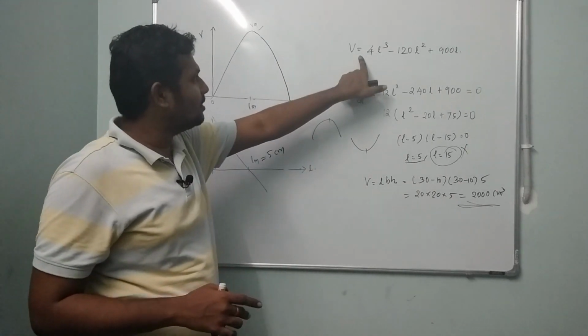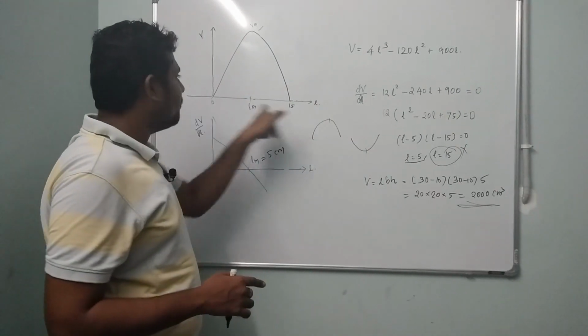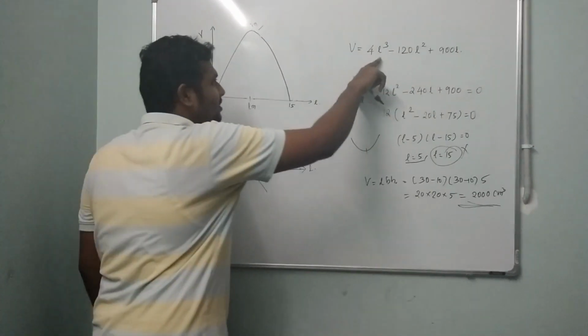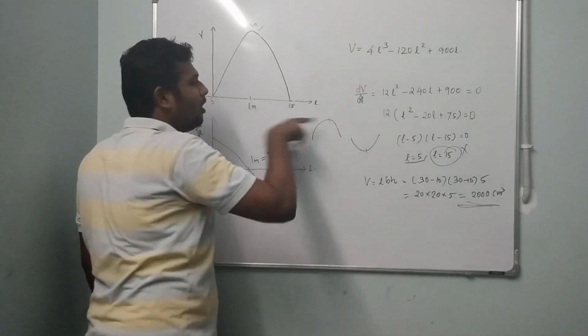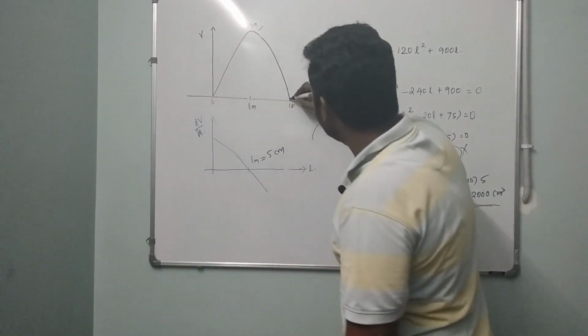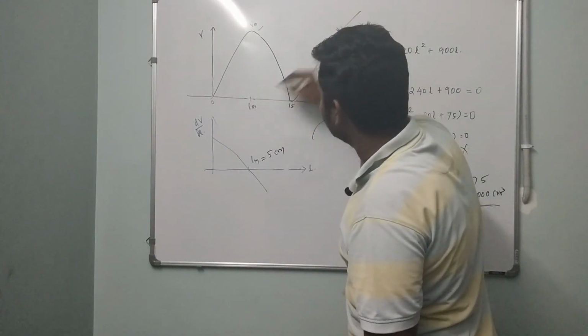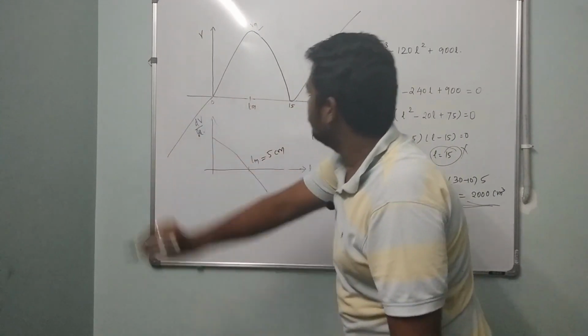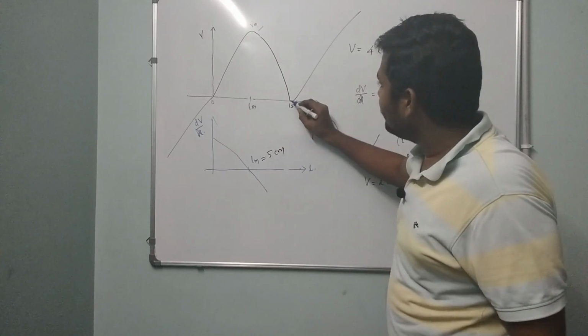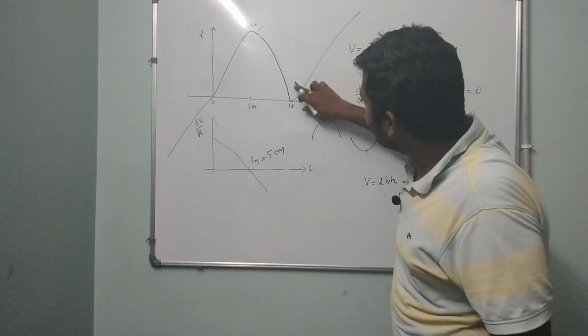We are not focusing above 15 centimeter, but this equation is valid for all values of L. If you plot this equation for all values of x, which means minus infinity to plus infinity, the graph will look like this. Now you can see here also there is one more curve coming like this.